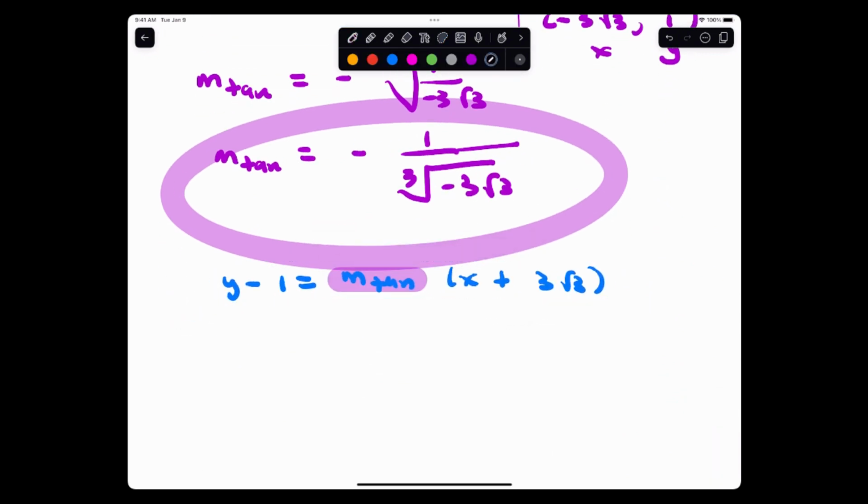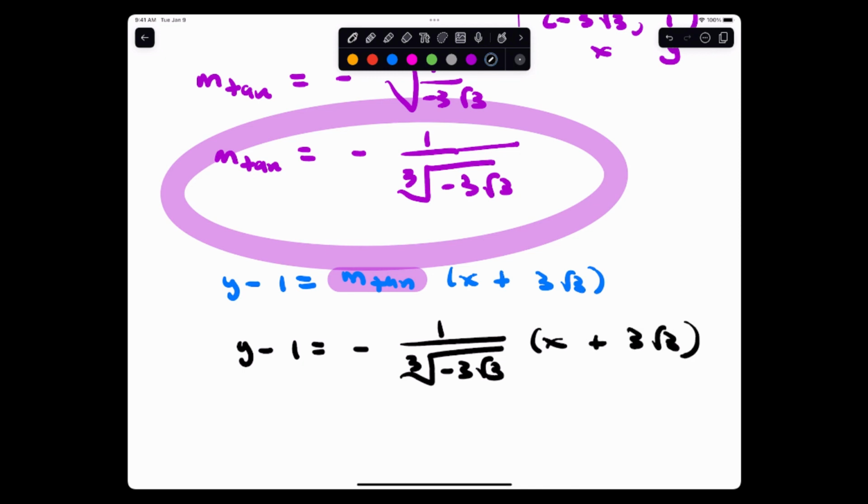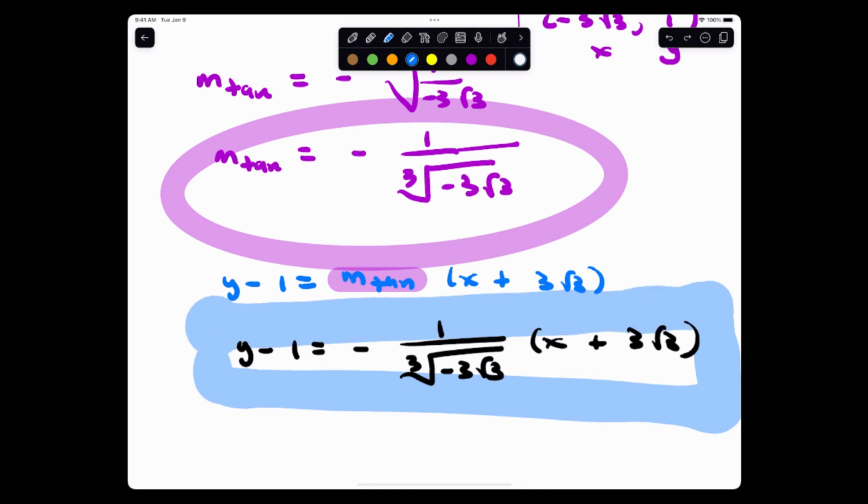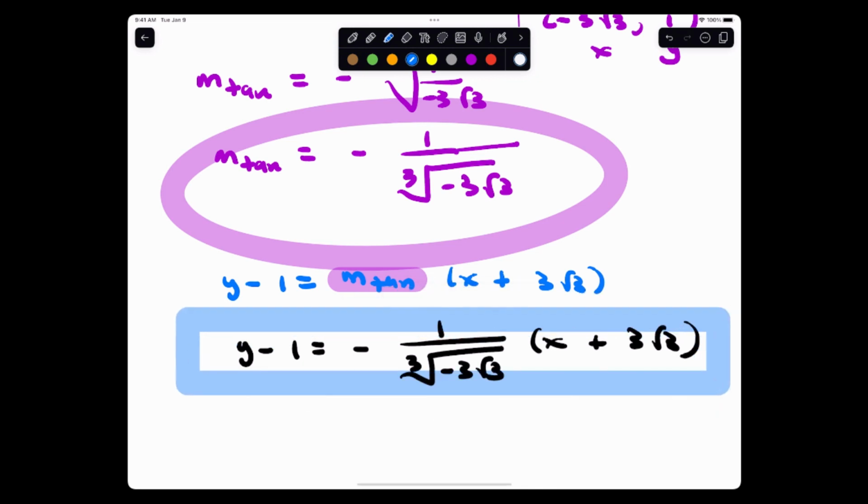Okay, so you might say, looking back at the book, y minus 1 equals negative 1 over cube root of negative 3 square root of 3 times x plus 3 square root of 3. So your book will leave it like this, I guess. And then that's the asteroid, I guess.